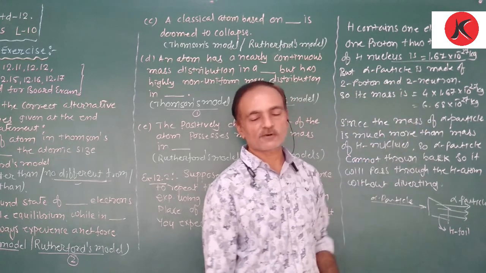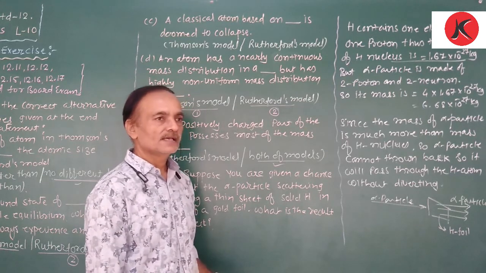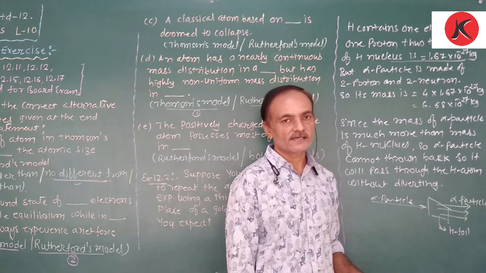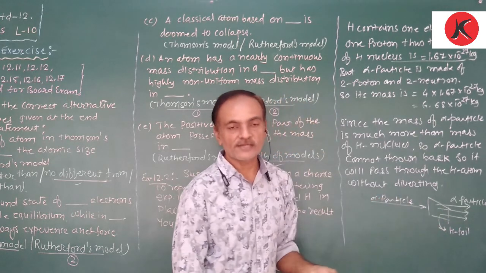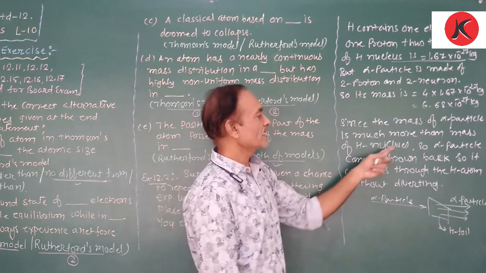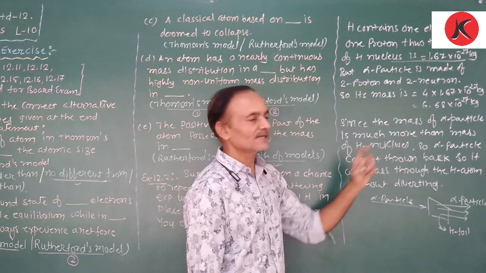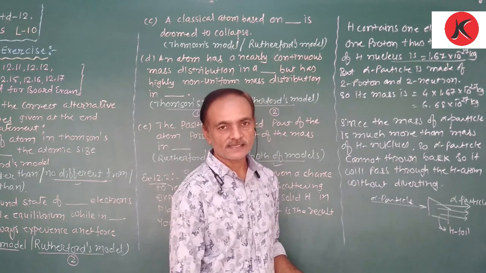That means 6.68 × 10^-27 kg. When the alpha particle is incident on the hydrogen atom, the alpha particle is much heavier than the hydrogen atom, so it cannot be reflected back or thrown back. It will pass through the hydrogen atom without diverting. Clear this thing?